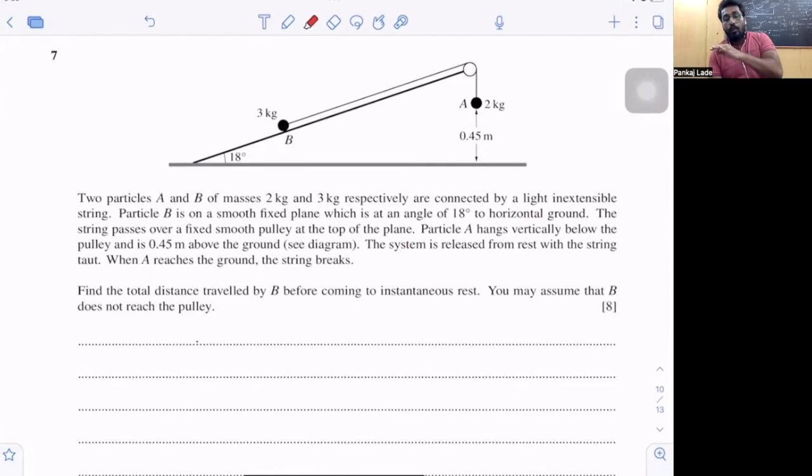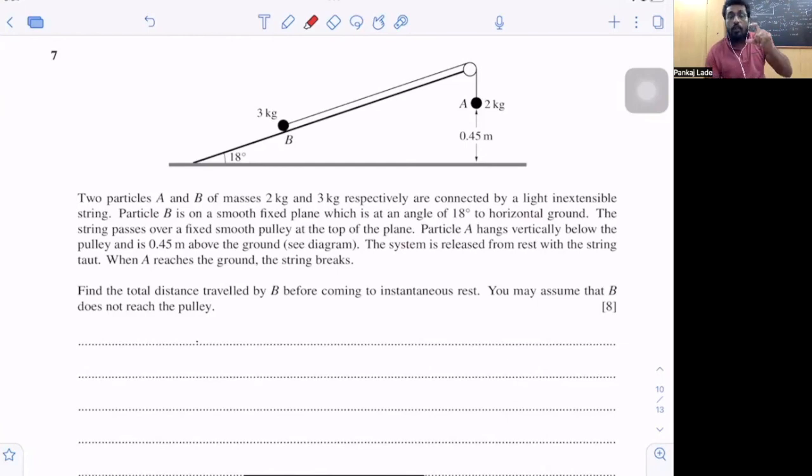So B is going to first go up, because A is going to go down. A goes down by how much amount? 0.45 meters. A is connected by a string to B, so whatever distance A will travel, exactly the same distance B will also travel along the plane, because it's the same string.